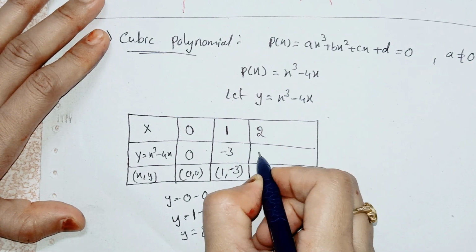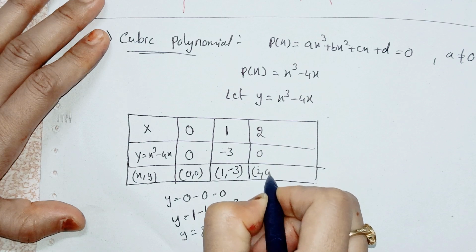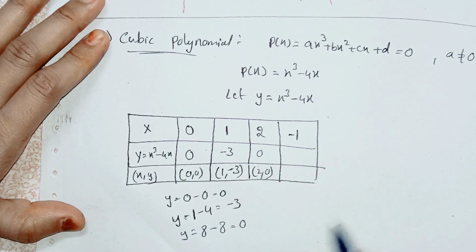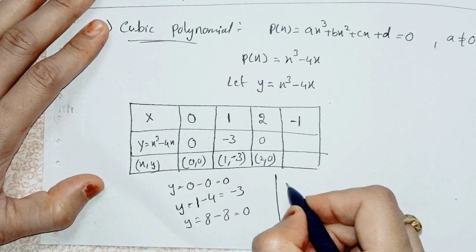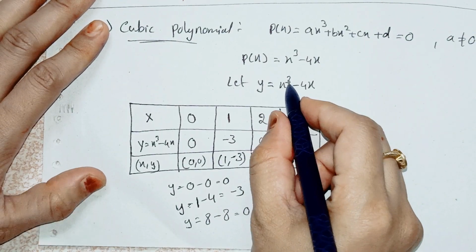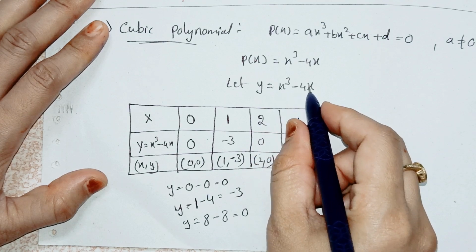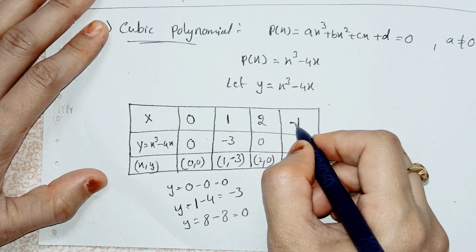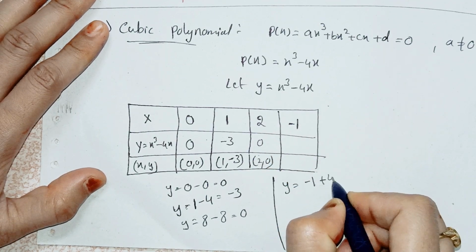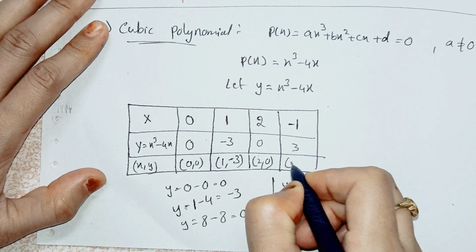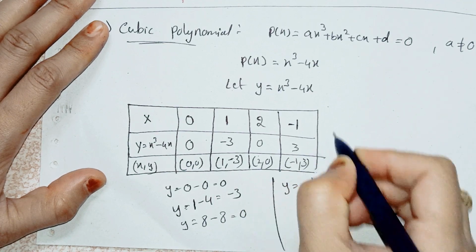I'm getting 0. So coordinates are 2 comma 0. If I take minus 1, y equals minus 1 cube, which is minus 1, then minus 4x means plus 4 into 1, plus 4. Answer will be 3. Coordinates are minus 1 comma 3.